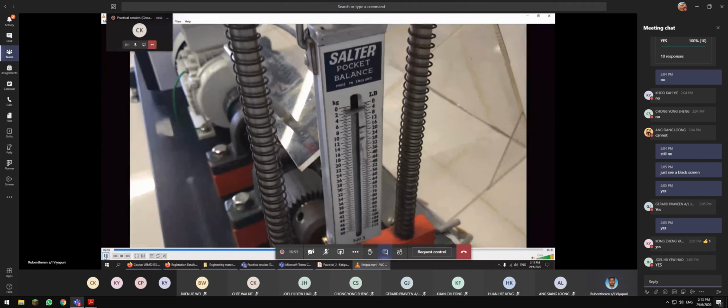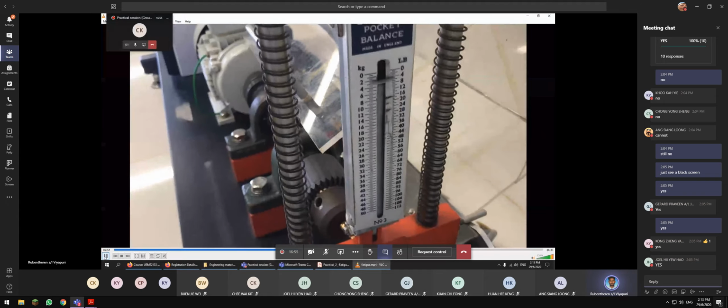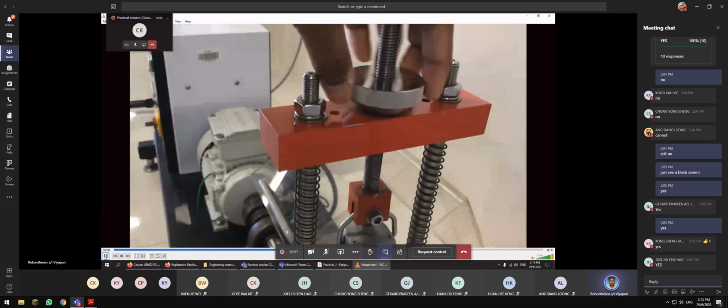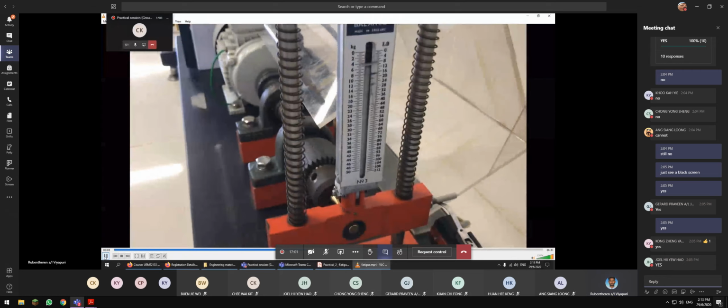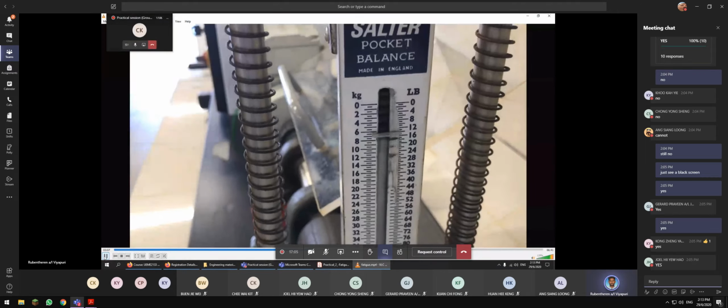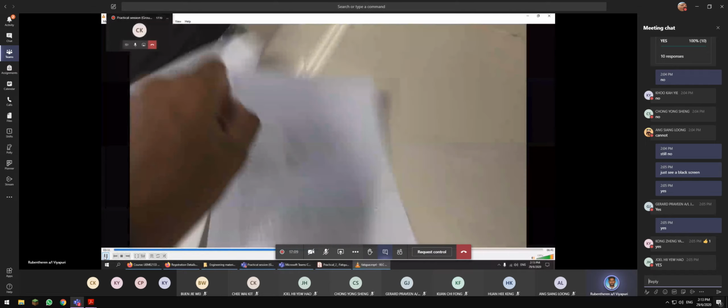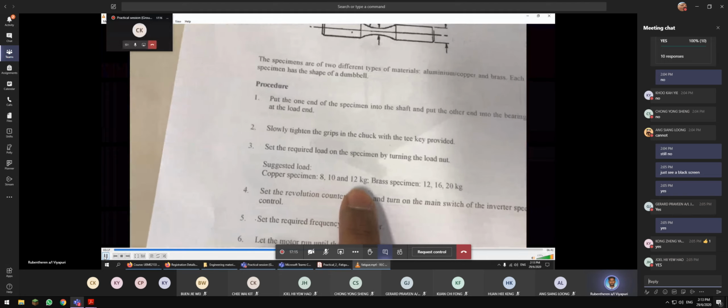Here you will set your load according to the lab sheet. For copper specimen, you have 8, 10, and 12 kilo.